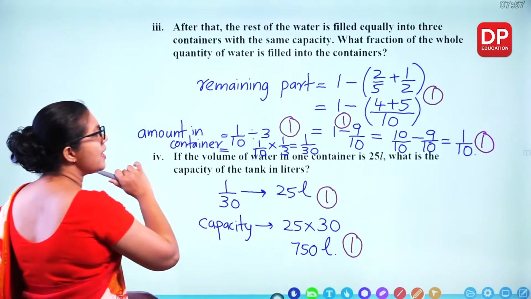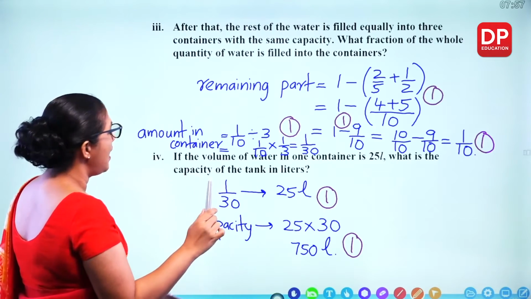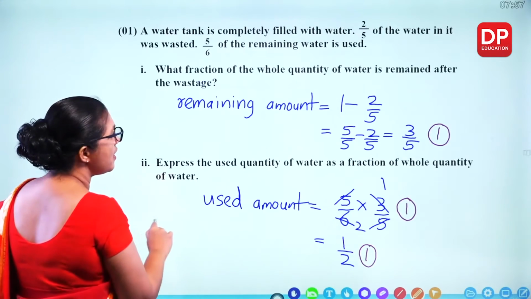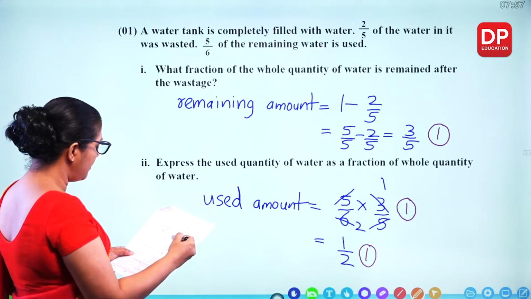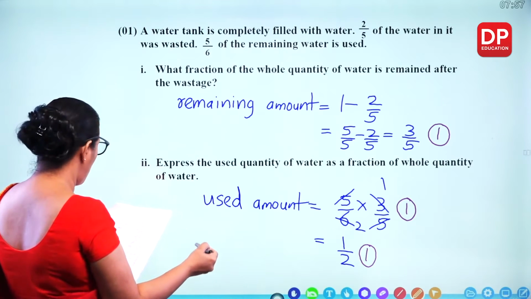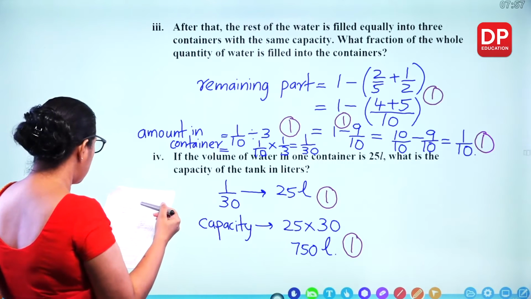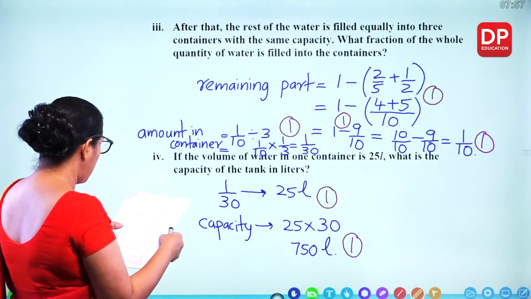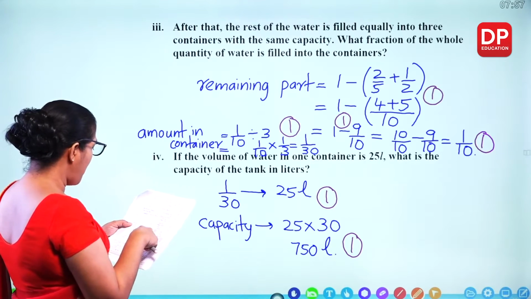So 3, 4, 5, 6, 7, 8, 9. Is it 3 or? Yeah, so here again check 1 and 2. That's 3. And you are getting 3 marks here.